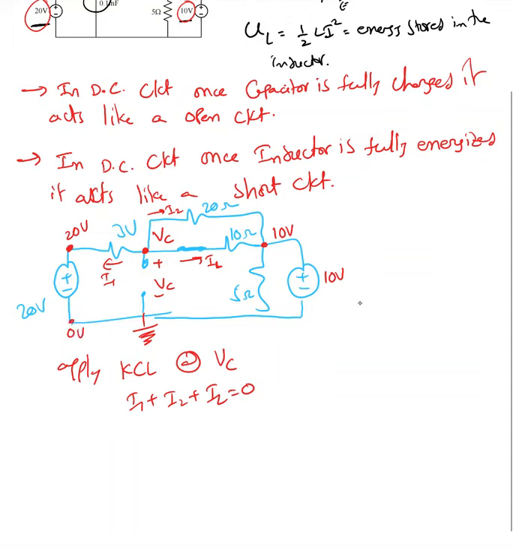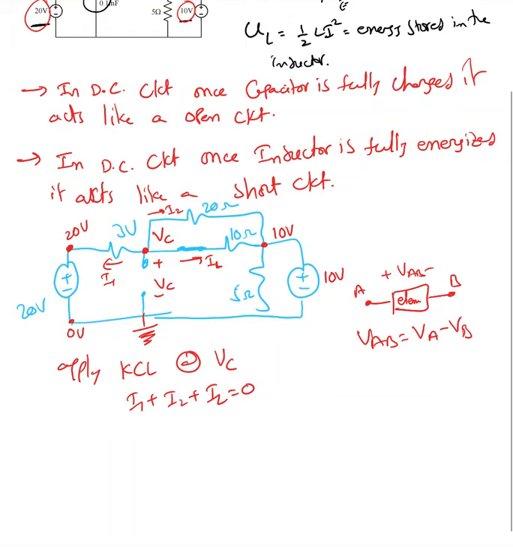For an element between A and B, VAB equals VA minus VB. Here VB is 0 and VAB is 20, so VA is 20 volts.